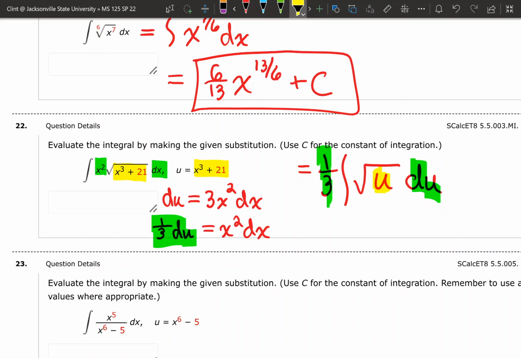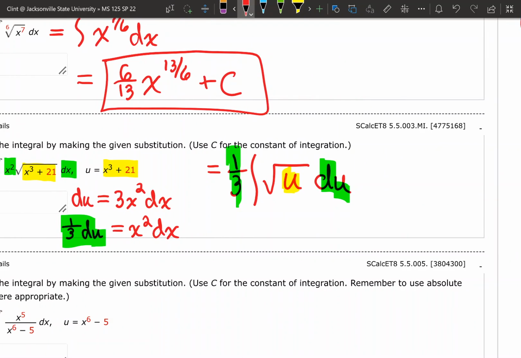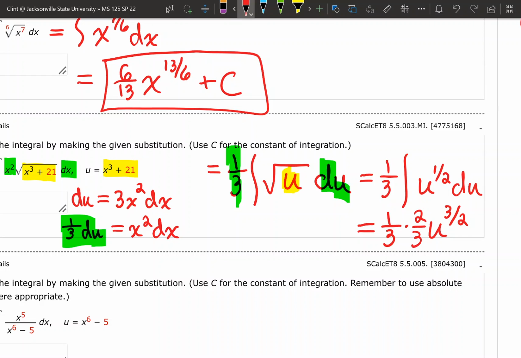And then just a little bit more work, we can take our antiderivative, we can rewrite square root of u as u to the 1/2. So for our antiderivative, we'll have 1/3 times, add 1 to the exponent, so it'll be 3 over 2, flip and multiply, so we have 2 over 3.